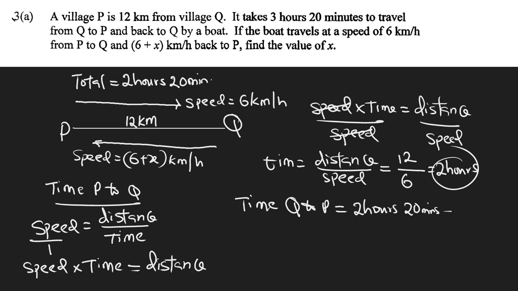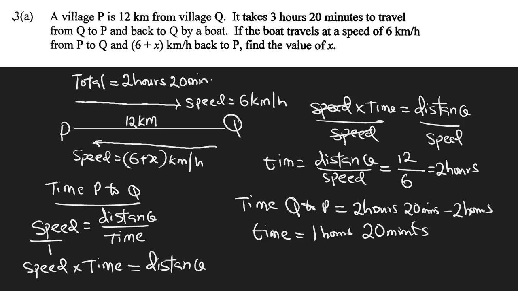We subtract it. If we subtract it that way, of course, we're going to have our time now. That's time from Q to P, right? It's going to be 2 hours 20 minutes minus 2 hours is going to be 1 hour, 20 minutes.